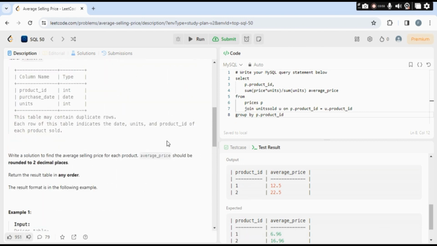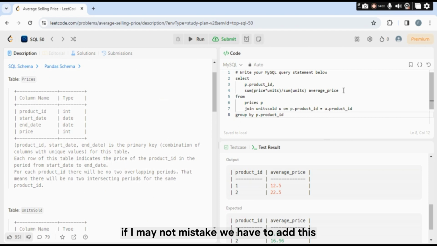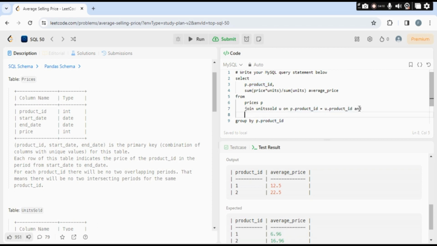So if I'm not mistaken, we have to add that the purchase date is between start date and end date.